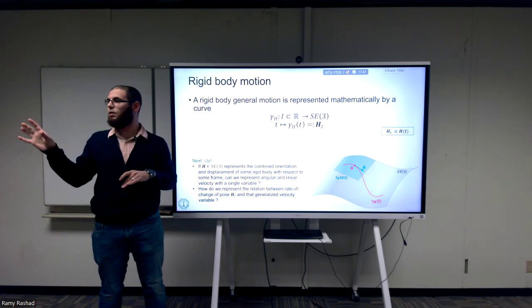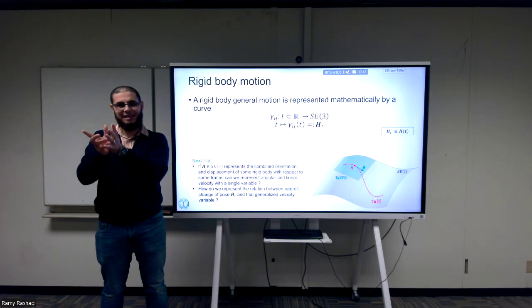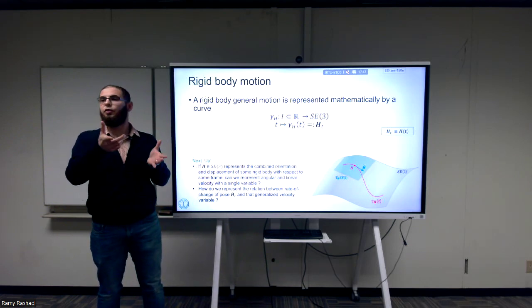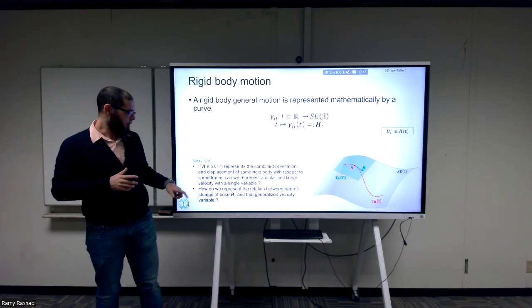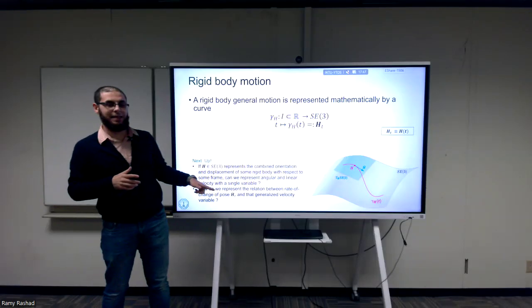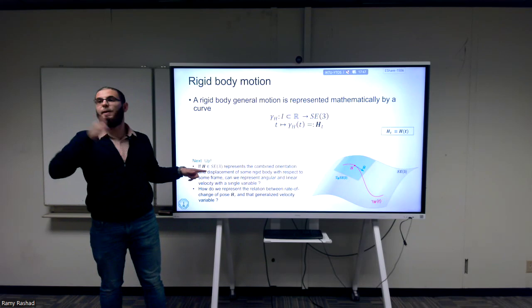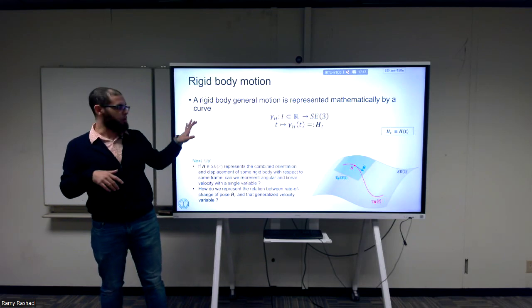Just as H represents rotation and translation at the same time, there is another variable that represents angular velocity and linear velocity at the same time. This variable will be called the twist. The second question is, how do we represent the rate of change of H with respect to this new variable that will be called a twist? This is what's up next.